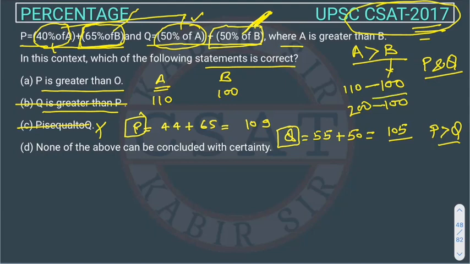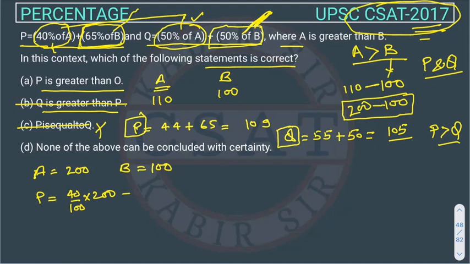Now let's assume the second case, where A is 200 and B is 100. What will P be here? P will be 40% of 200, plus 65% of B. So it will be 80 plus 65, which is 145.